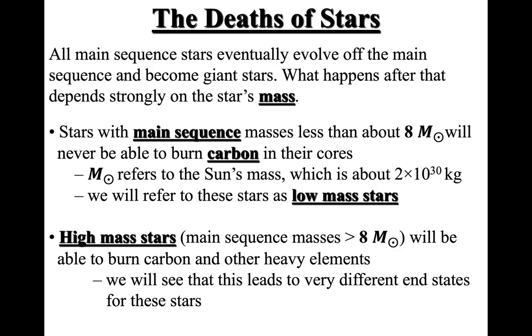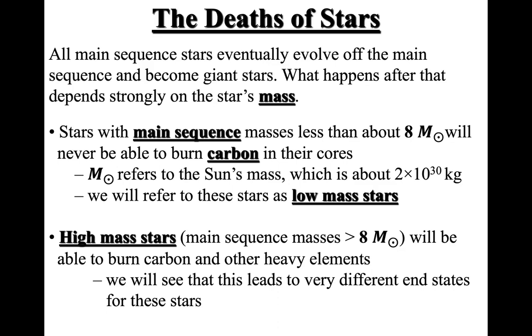Remember, I told you that the stellar evolution process is basically a competition between gravity and the pressure inside. The pressure is created by nuclear fusion. Because of the gravitational collapse, the temperature increases in the core region, which helps nuclear fusion.